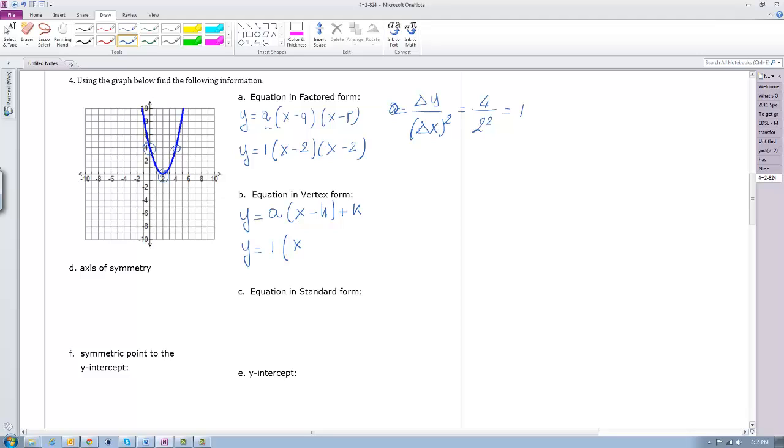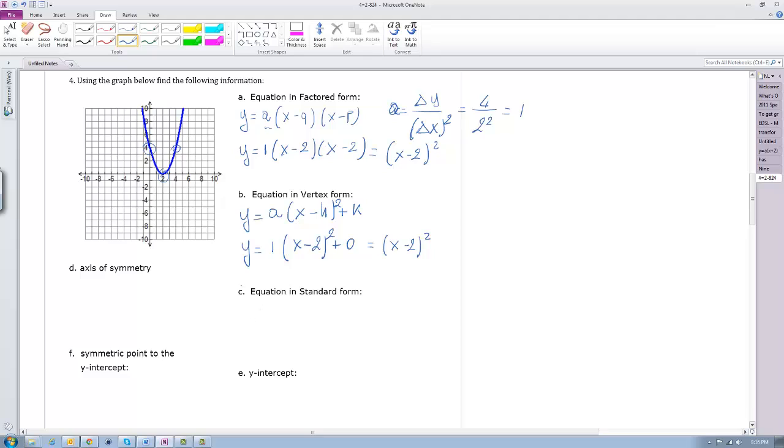The x of the vertex is 2, so minus 2, and the y of the vertex is 0, so k is 0. If I were to write it correctly, sorry, this is squared. I would write it as (x minus 2) squared. That, by the way, is the same as the factor form.